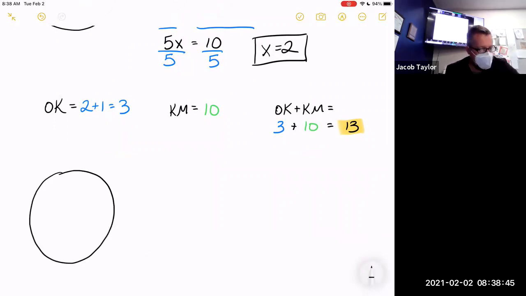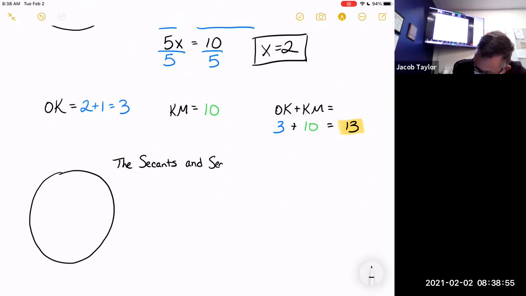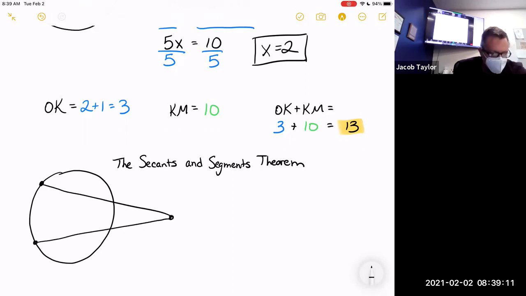The secants and segments theorem. That doesn't sound nice. That sounds like an unpleasant meal. Secants and segments sounds like you cut up a gross animal and then took all the worst parts of it and put that on a plate, and it's like, here you go. Sprinkled some seasoning over it to make it look like you actually cooked it.